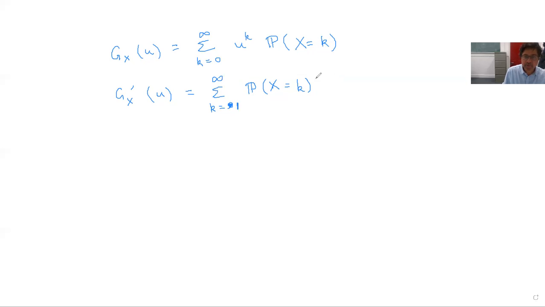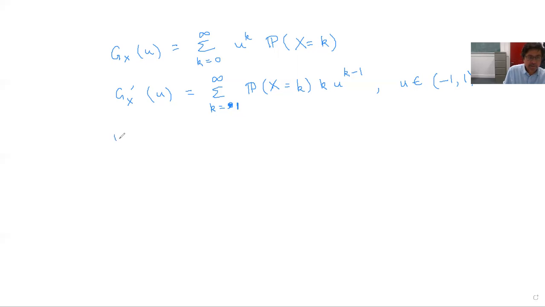And the derivative of u to the k is k u to the k minus 1. Okay, and this formula is valid for all u between -1 and 1. It may be valid outside this interval, but we know for sure that it's valid inside this interval.